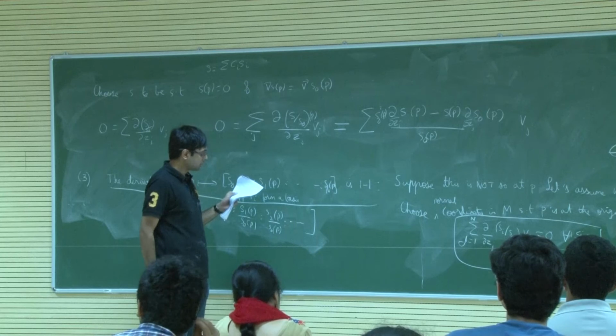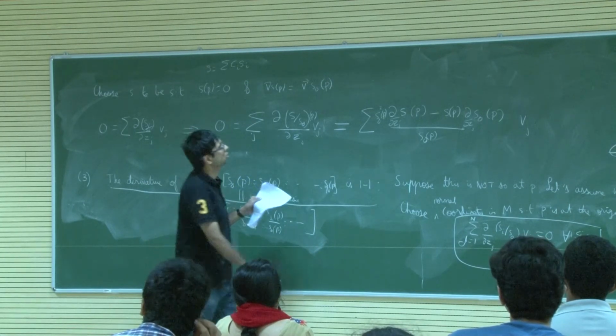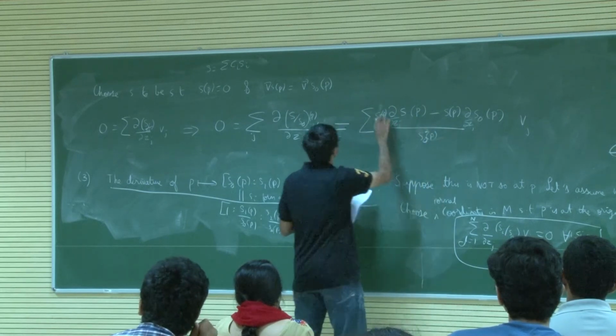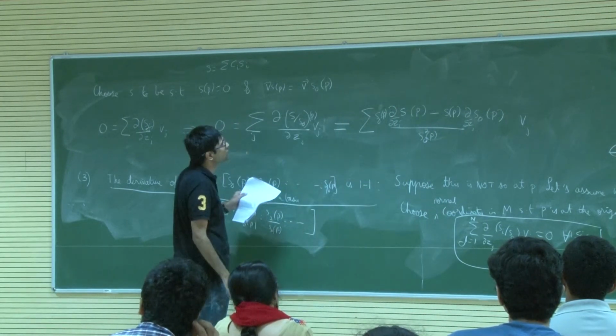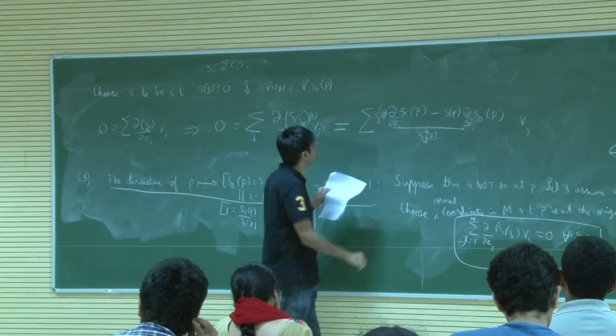Sorry, the square is in the denominator. Okay, right. So how does this help?